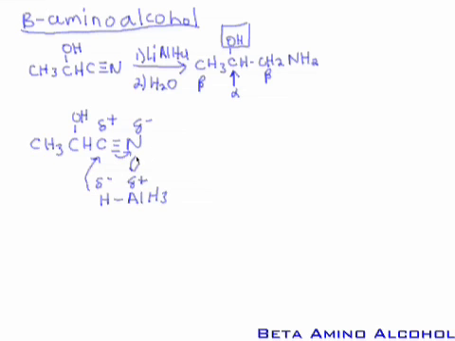Now this is much easier to see if I draw a minor resonance contributor for the cyanohydrin, since the nitrogen's electronegative. This would be, although minor contributor, an important contributor.